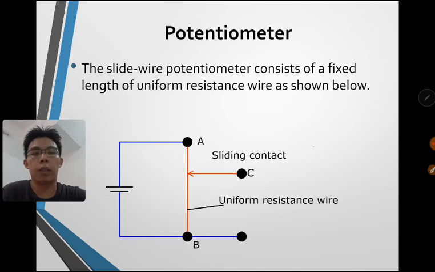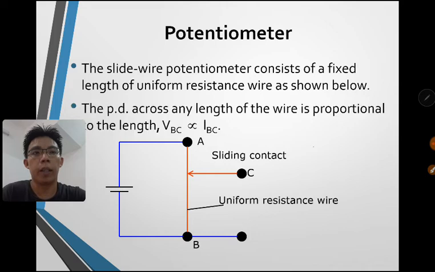Usually this part of the topic will come up with some complicated questions that you need to analyze very carefully, and your answer will be based on the understanding that the potential difference you want to get is proportional to the length of the wire. So let's go back to the case just now.